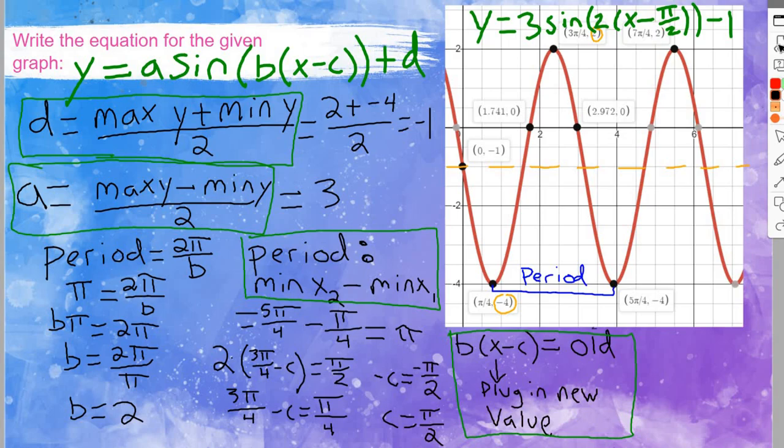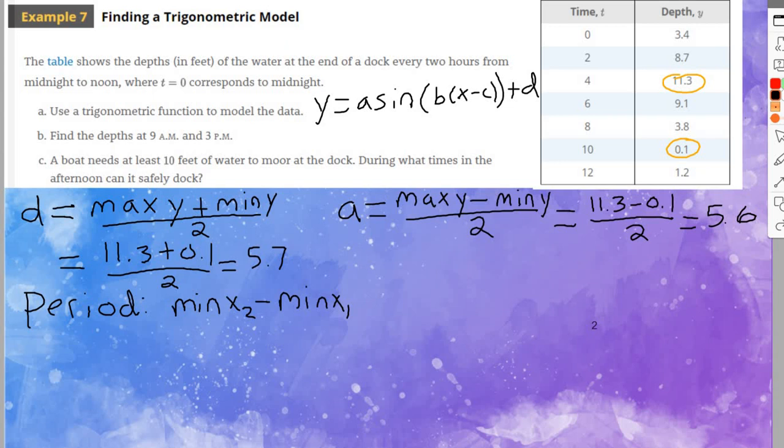So depending on what type of information is given to you, you might have to switch up your formula a little bit. So in this case, our minimum comes later. So we're going to do our minimum x minus our maximum x, and then we're just going to multiply that whole thing by 2.